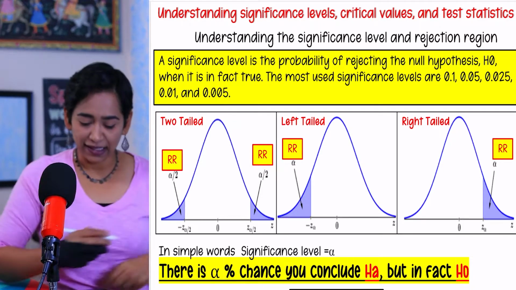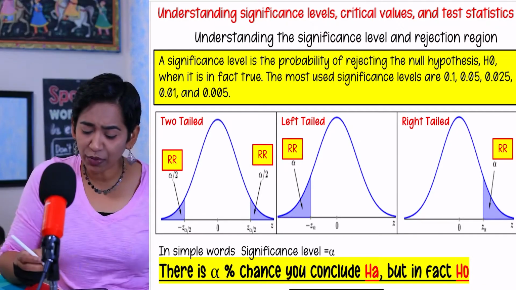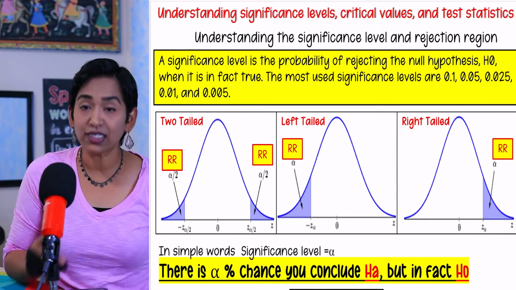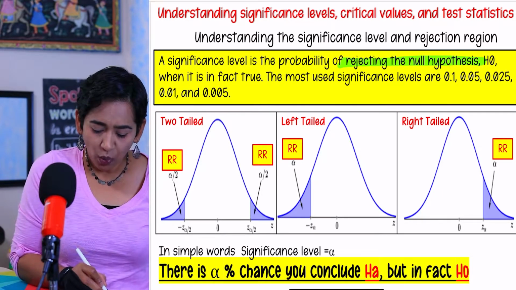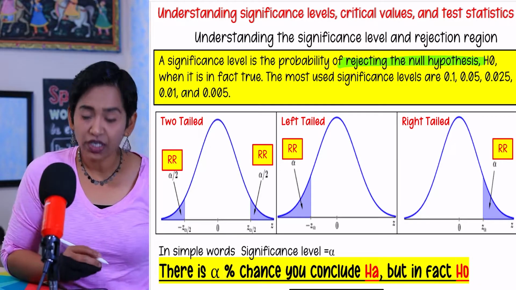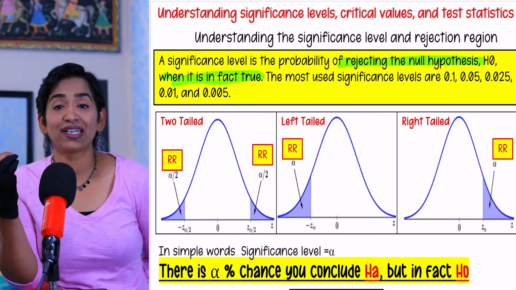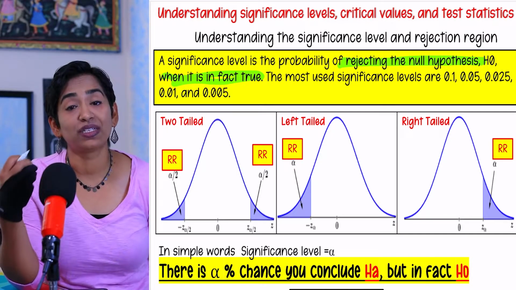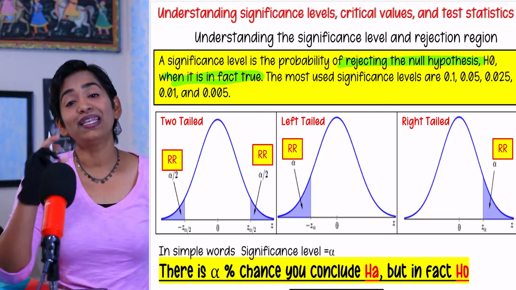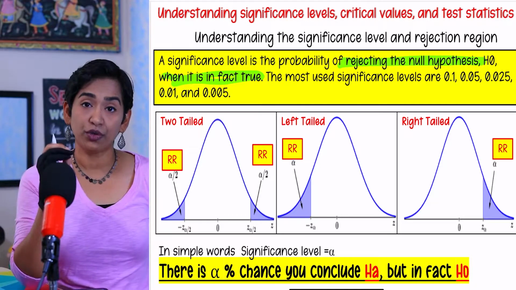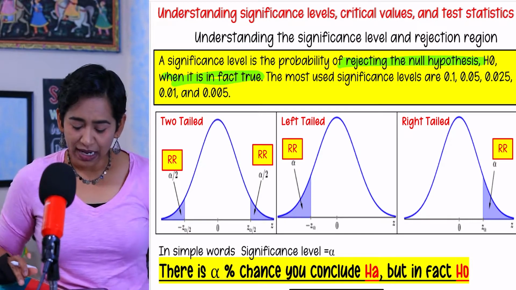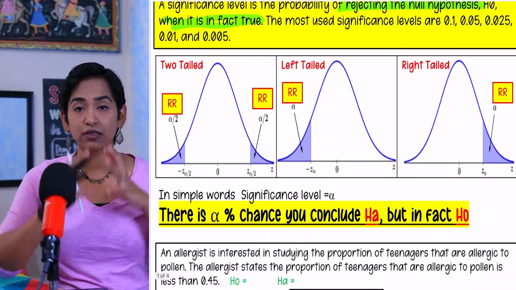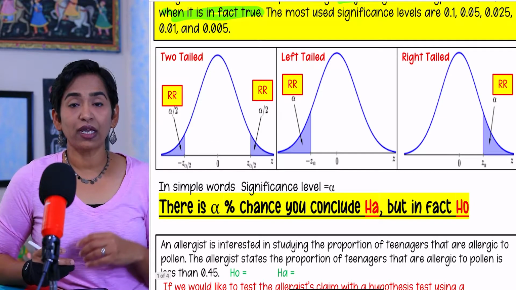So the significance level, in probability, is rejecting your null hypothesis, which is your H naught, when in fact it is true. The most used values are 99% confidence, 95%, and 90%, but these values will be given to you in the problem.